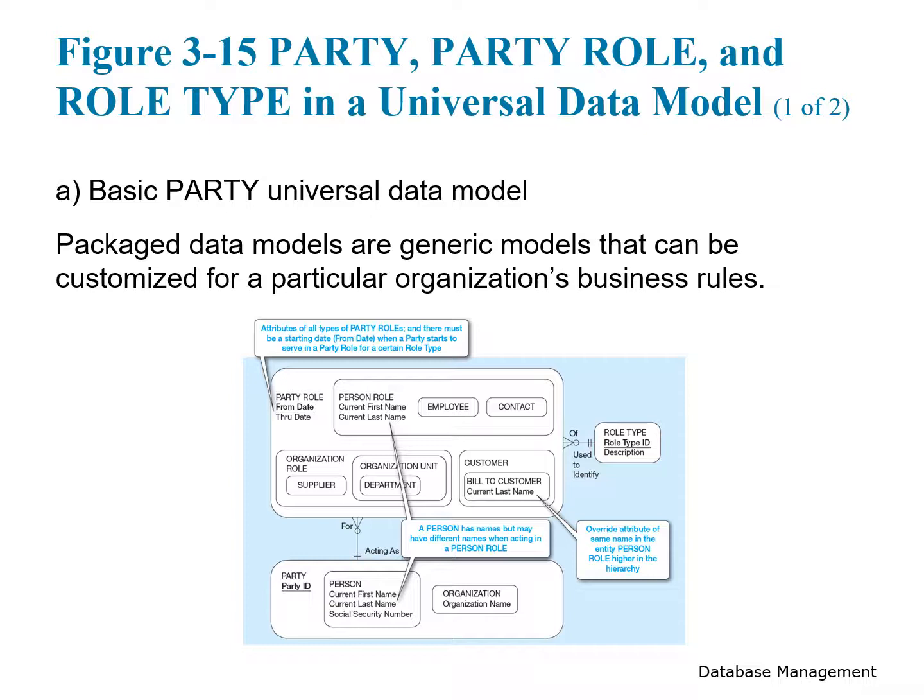And a person has a name but may have a different name when acting in a person role, which overrides the attribute of the same name in the entity person role higher in the hierarchy.